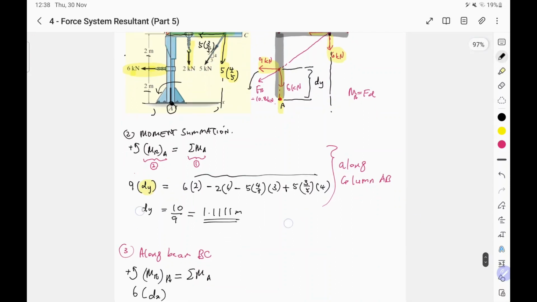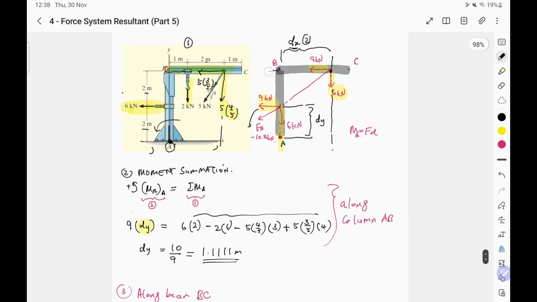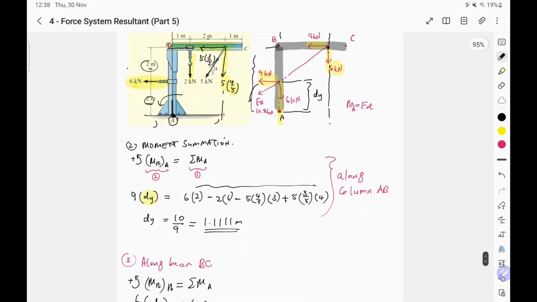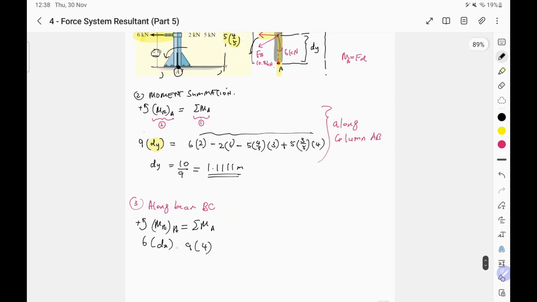So don't forget this one is 9 kilonewton. The perpendicular distance, look here, is 2 plus 2, it will be 4. Will it create a clockwise or counterclockwise motion? If you look here, it will create a counterclockwise motion. So therefore over here it will be positive.